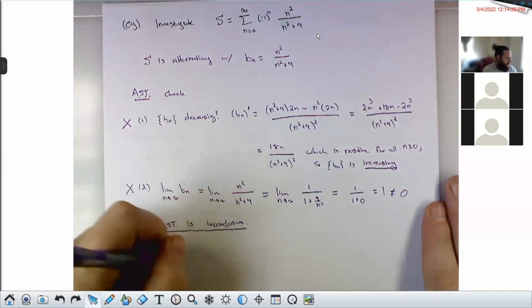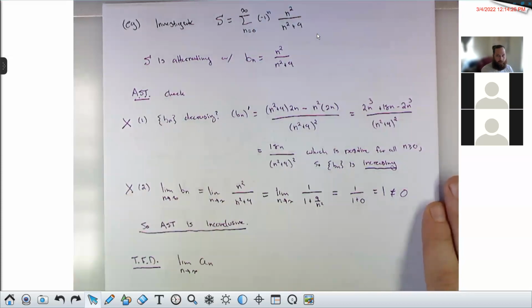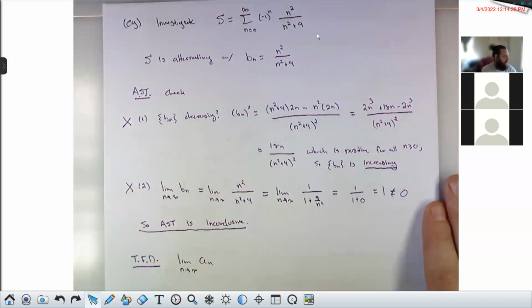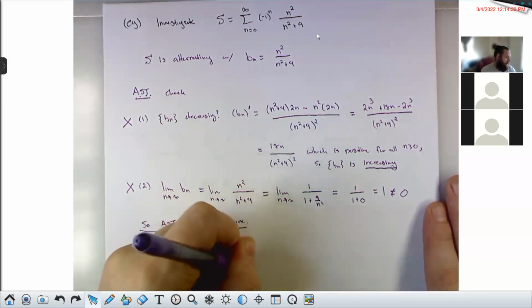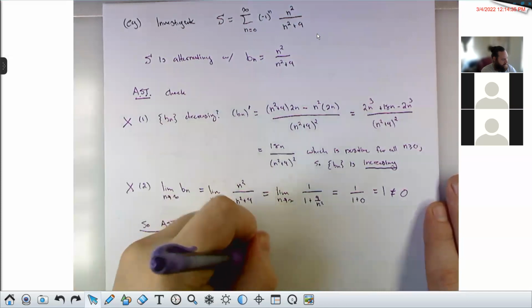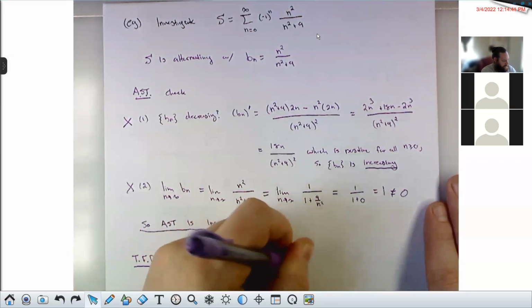And TFD says, calculate the limit as n goes to infinity of an. If that's not 0, then the series must diverge. And this will work here because the limit as n goes to infinity of an is the limit as n goes to infinity of negative 1 to the n times n squared over n squared plus 9.